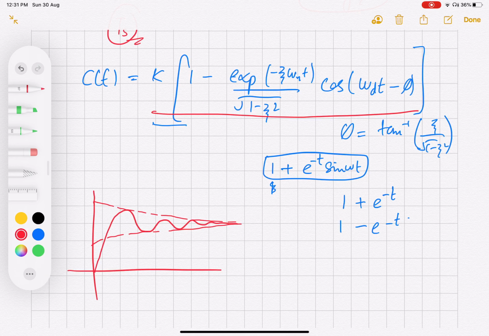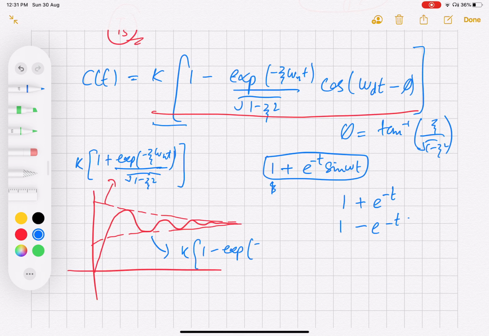So from our discussion below, it would be k times 1 plus exponential minus zeta omega nt divided by under root of 1 minus zeta square, right? So this is the envelope from the positive side, and the envelope from the negative side would be k times 1 minus exponential minus zeta omega nt divided by under root of 1 minus zeta square.